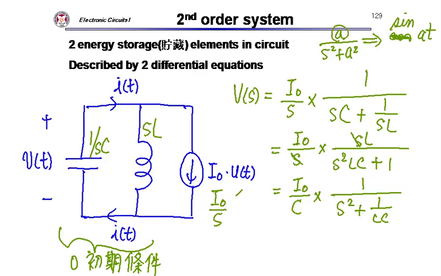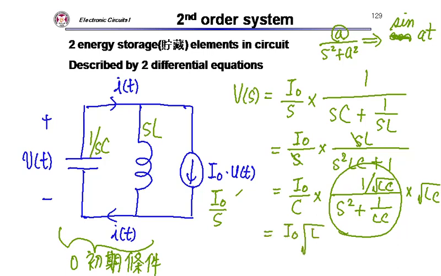If this is S, it's a cosine at. Then I need a square root of LC there, so I will multiply by square root of LC somewhere. Then this is only my sine. So this is I0 square root of LC, something. This is my V(t), which should be sine of t over square root of LC, U(t).